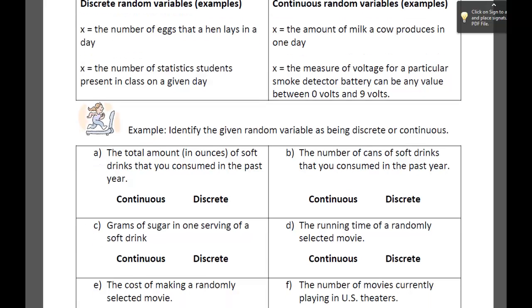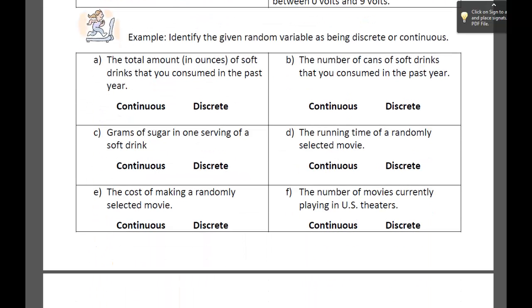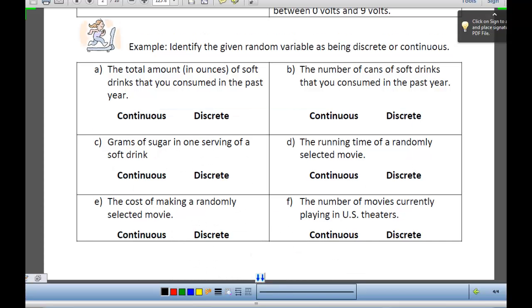All right, so some examples. The total amount in ounces of soft drinks that you consumed in the past year. Would that be continuous or discrete? Continuous. Very good. B, the number of cans of soft drinks that you consumed in the past year. Discrete.